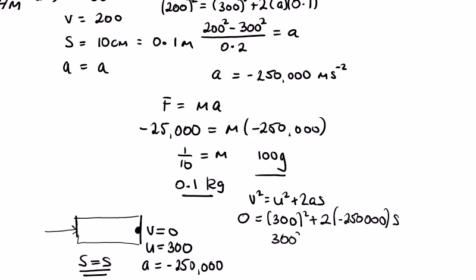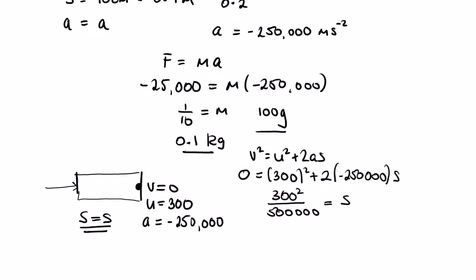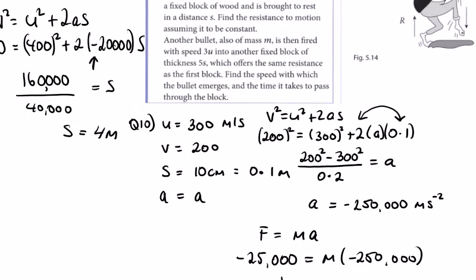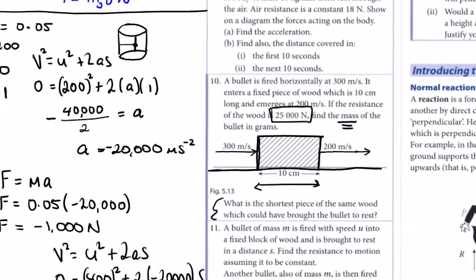So 300 squared, 90,000 divided by 500,000 is equal to s. 90,000 divided by 500,000 is 180 over a million, so 0.18 is what a calculator should give here for the distance, and that will be in meters. Go back and look at question 9, and then I'll do 11.